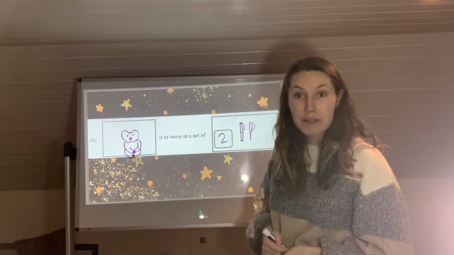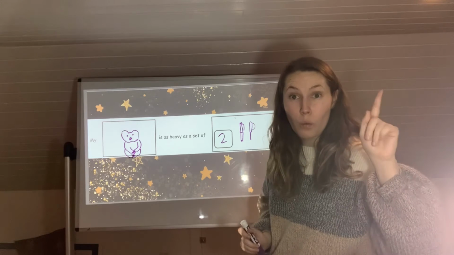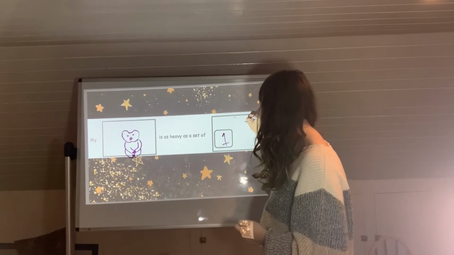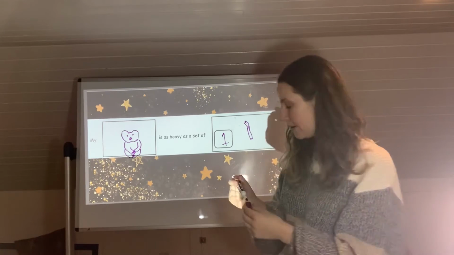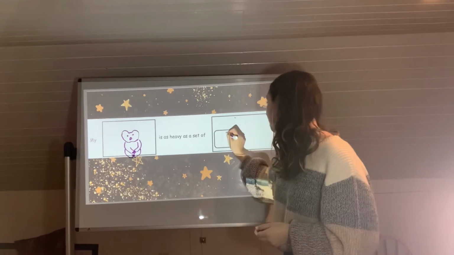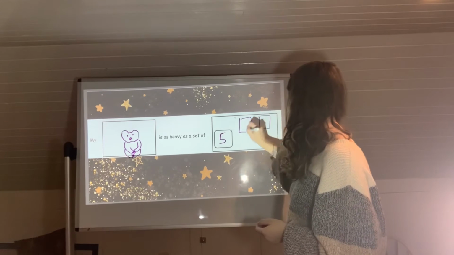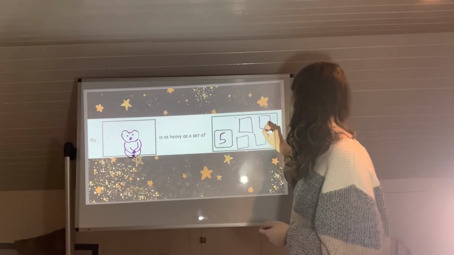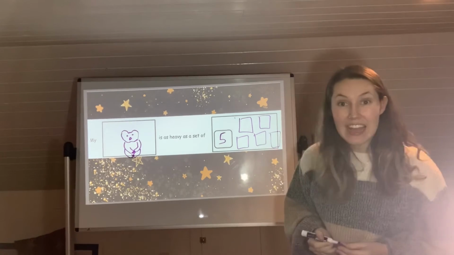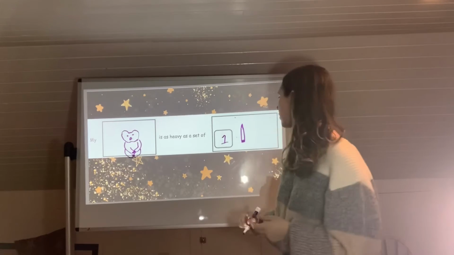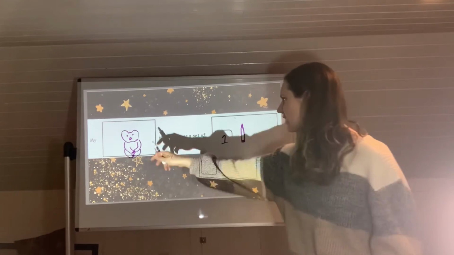We also found that it was as heavy as 1 Expo marker. It was as heavy as 5 calendar cards. 2, 3, 4, 5. And it was as heavy as only 1 pencil. There's 1 pencil.